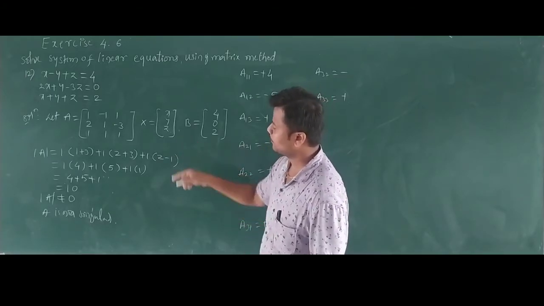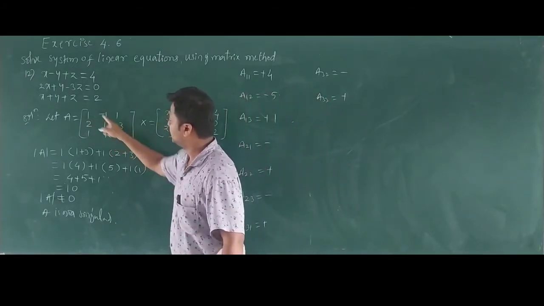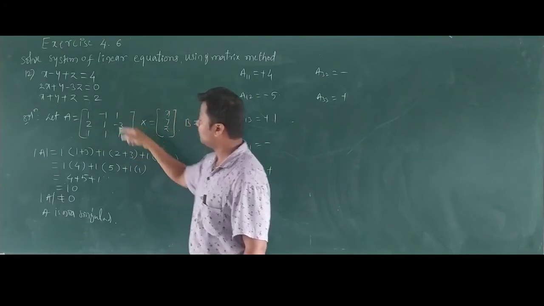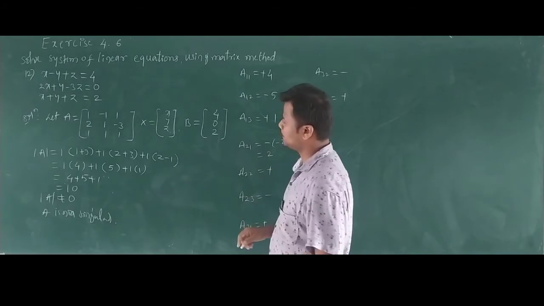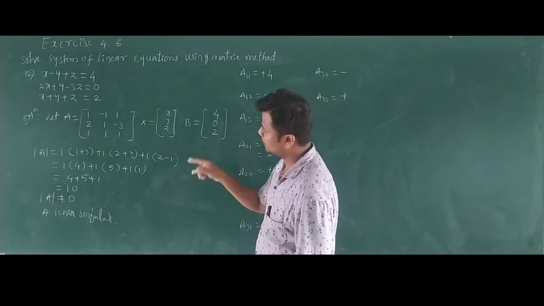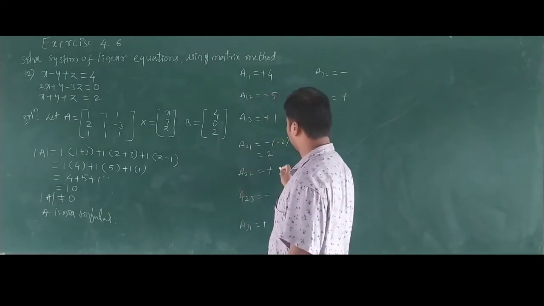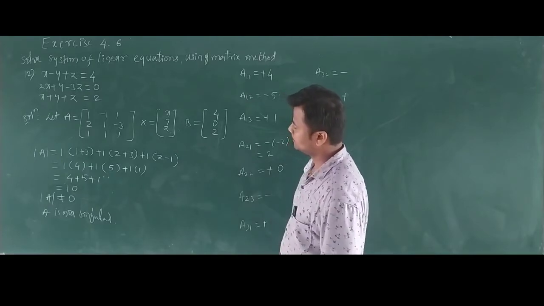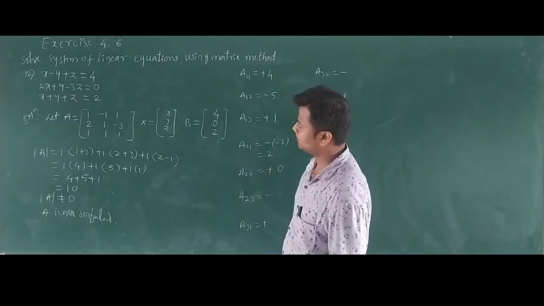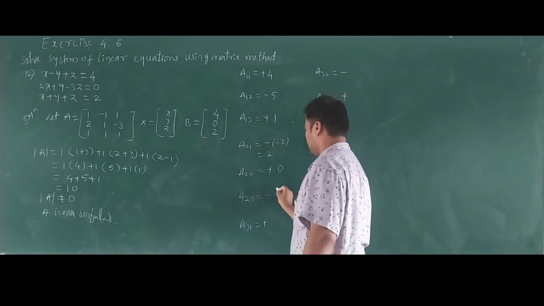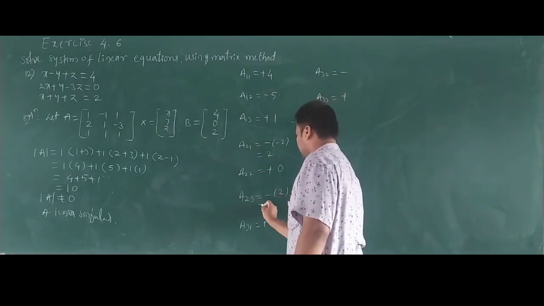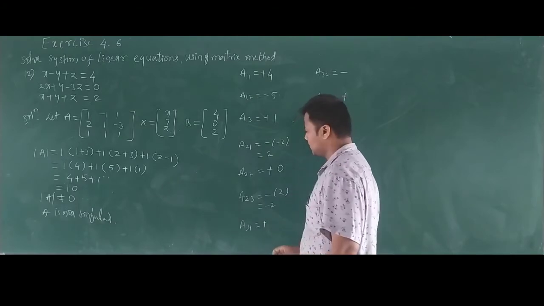Next A12: minus 1 minus 1, minus 2, minus and minus, plus 2. A21: 1 minus 1, 0. A22: 1 plus 1, 2, this is minus 2.